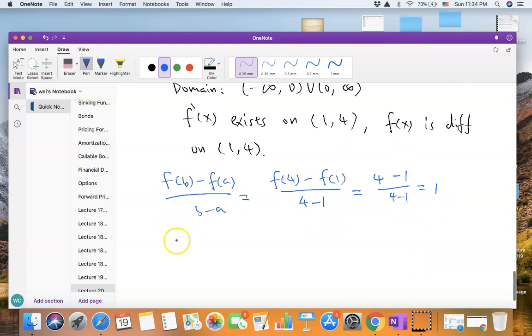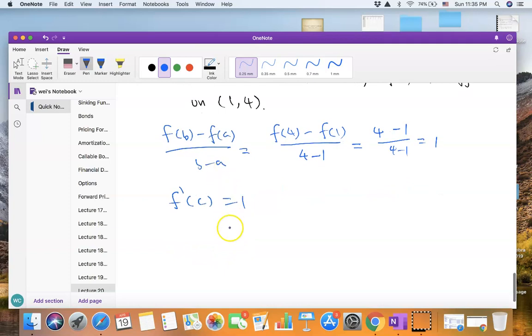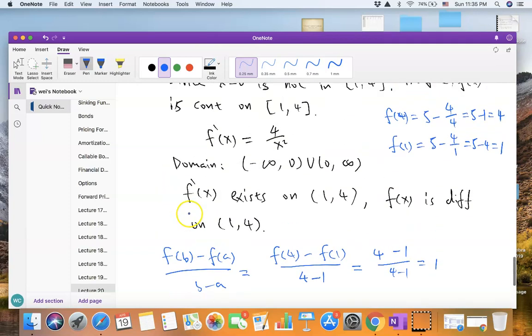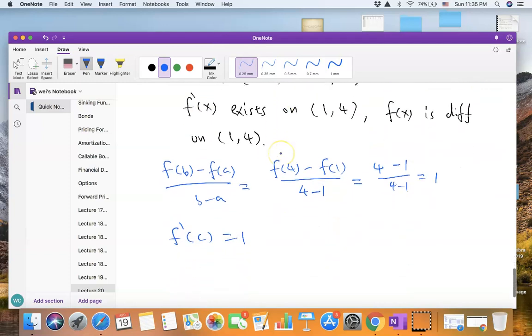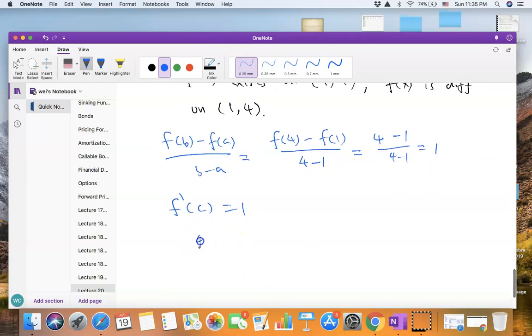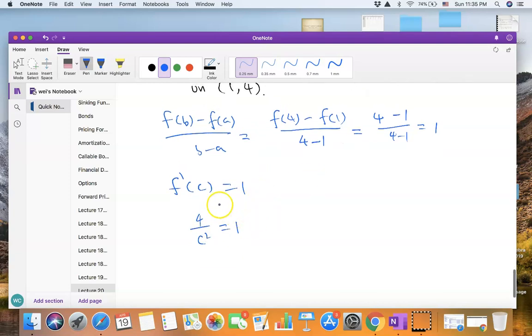So now the question is, we want to find the number such that at that number the derivative equals 1. Because the derivative function we already know is 4 over x squared, this question turns into: what is the solution of this equation, when c equals which number? 4 over c squared equals 1. And this equation is very simple.